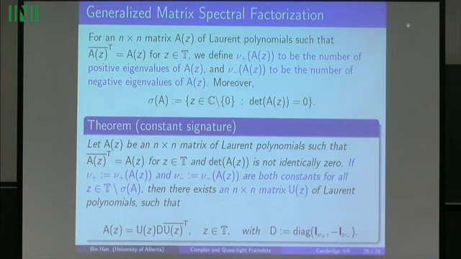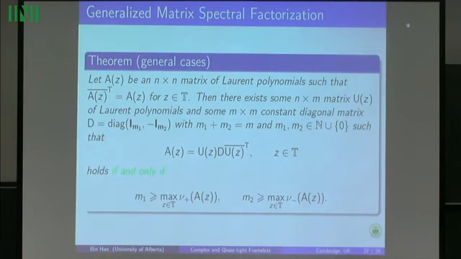If I take the maximum number of positive eigenvalues plus the maximum number of negative eigenvalues and put them together, this gives you the size of U. So this is a necessary and sufficient condition. You cannot do it with fewer columns. So we have a complete picture here, and this is the generalization of the Fejér-Riesz lemma in 1D.